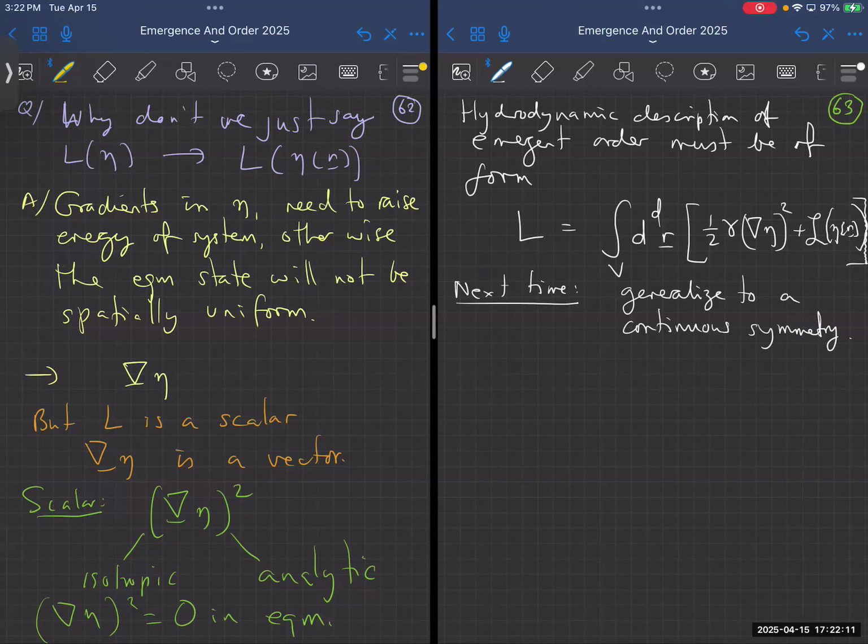This generalization to continuous symmetry is not just saying, well, we just make it more general and so on. There's a very profound difference in the way that the system orders. And that's why we can use this description to study the universal nature of ordered matter very accurately when you have a continuous symmetry. So we're going to talk about that next time.